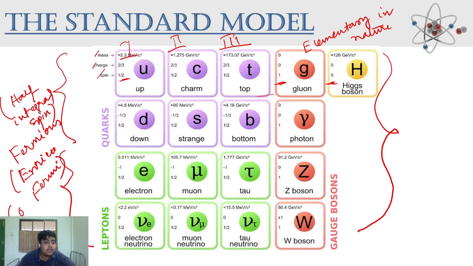We have already discussed what the Pauli exclusion principle is. So, moving on to the right side of the standard model, these five elements are known as bosons. Bosons are also called force carriers.